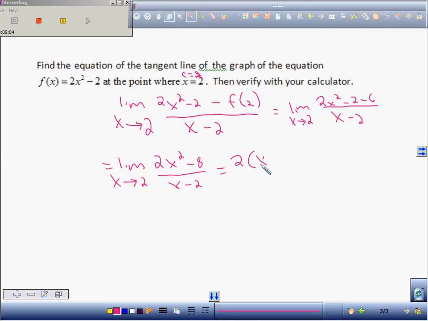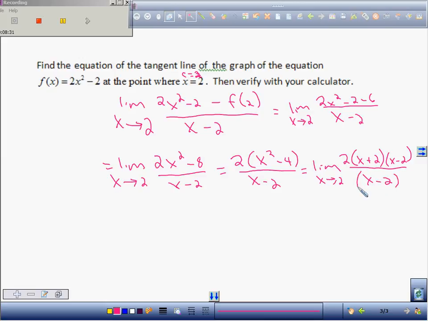I'm going to pull out a 2: the limit as x goes to 2 of 2x² − 8, which I should have a limit in front of. See, I always do that too. That's equal to the limit as x goes to 2 of 2 times (x + 2)(x − 2).